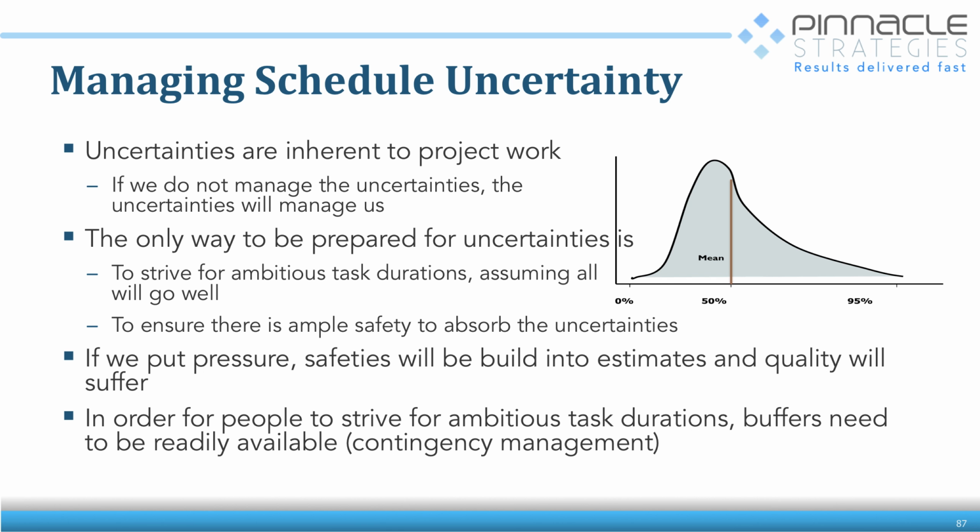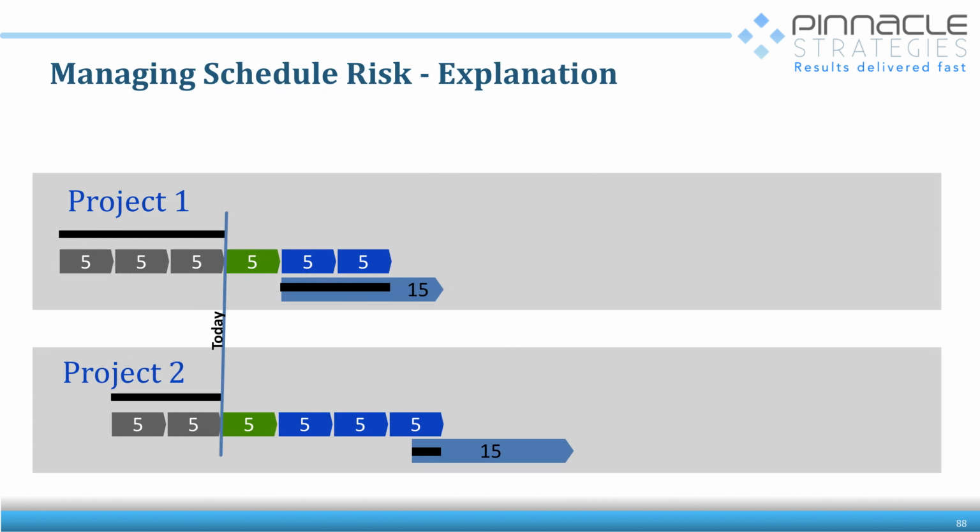And so now we're moving towards a planning approach that focuses on breaking out that work from safety. And that means that those time buffers have to be available for people to use when there's a problem, and we can't punish them when there is. And so this is the foundation of schedule risk.